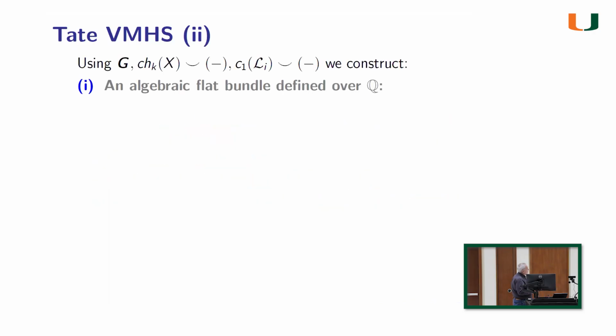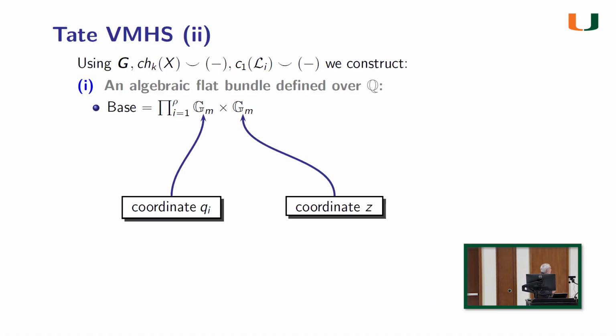And using these operators, we can actually construct some very interesting object. We can construct an algebraic flat bundle defined over the rationals. So the base is going to be a torus. It's going to have dimension the rank of the Neron-Severi group plus 1. And say the coordinate in the Neron-Severi direction is going to be q_i, and the coordinate in the extra direction will be z.